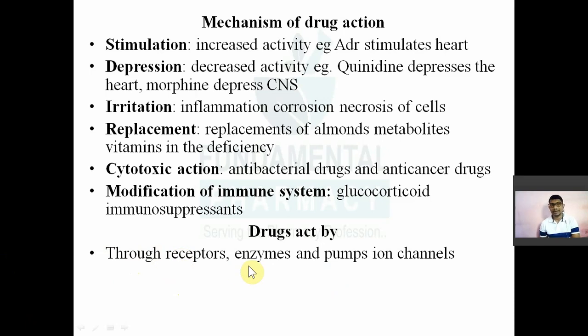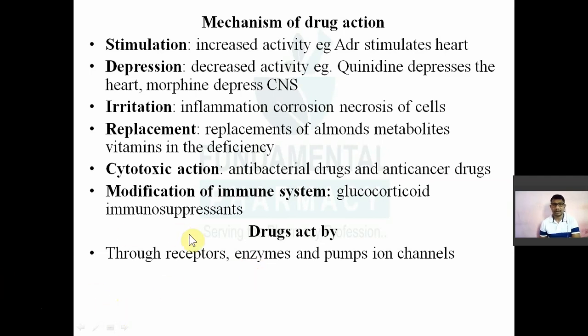Again, a drug can exert the action by interacting with enzymes. For example, acetazolamide will inhibit the enzyme carbonic anhydrase and act as a diuretic. Again, neostigmine is a cholinesterase inhibitor.